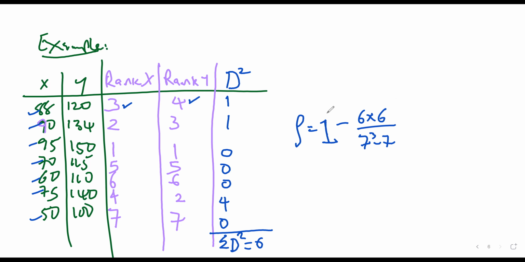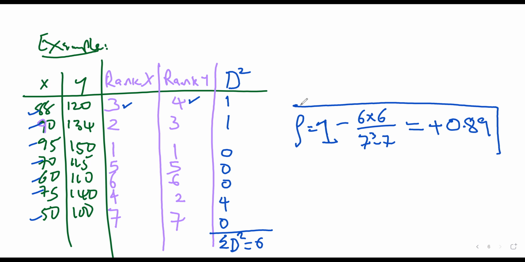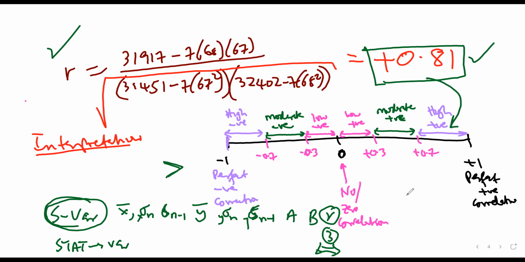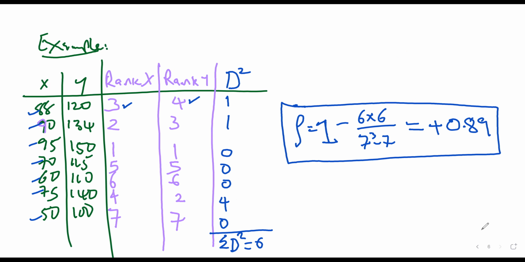When you simplify this, you'll get plus 0.89, something like 0.893. So that is the Spearman's rank correlation coefficient. The interpretation is similar to what we saw earlier, so you use the same criteria or scale to interpret that value of plus 0.89.